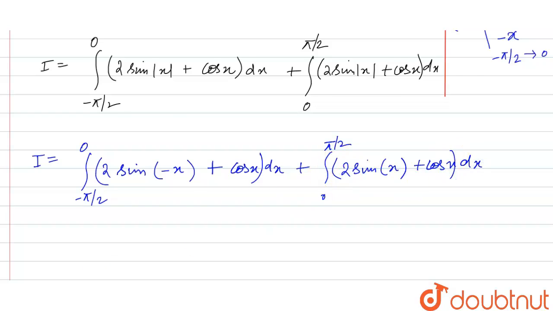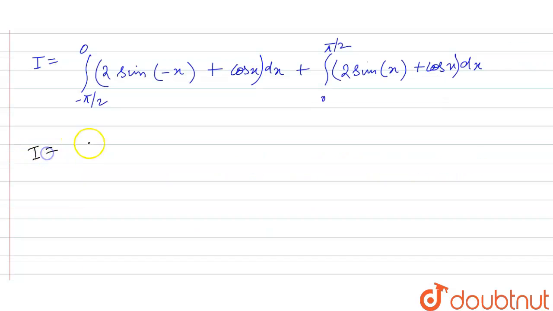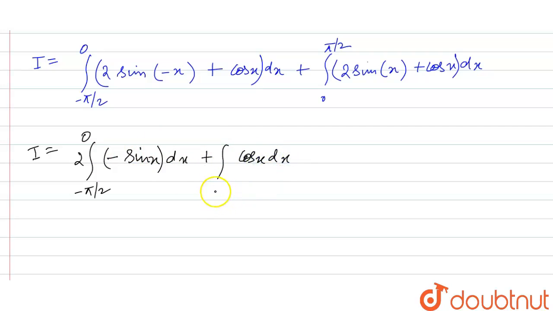So the value of I is equal to, from minus pi by 2 to 0, the 2 will come outside because it's common, and sine of minus x is equal to minus sine x, dx, plus the integration of cos x dx, with the limit from minus pi by 2 to 0.